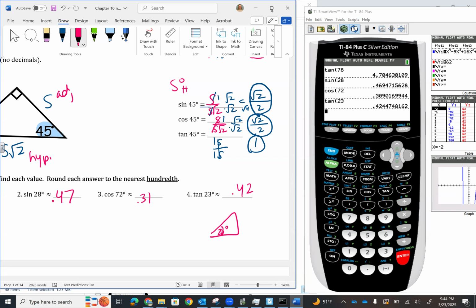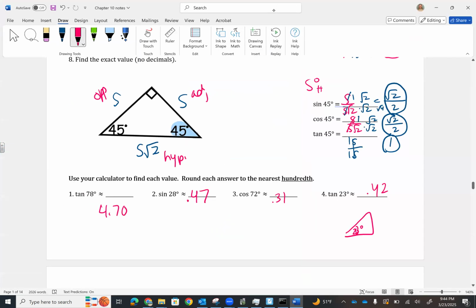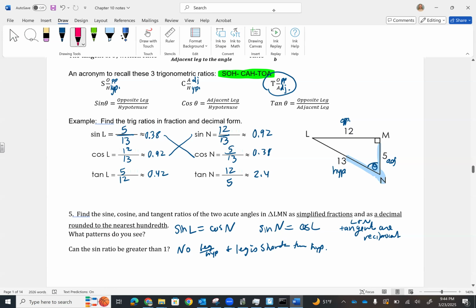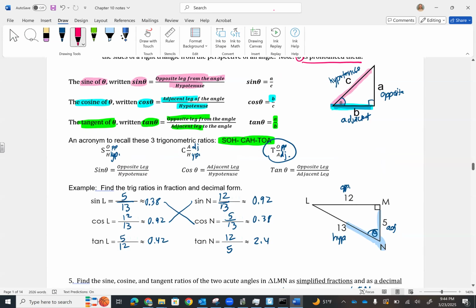And so I think there's 3 different things that we learned today. One is SOHCAHTOA. The second thing is you got to start by standing at a certain angle and saying, okay, based on that angle, do I know what to name the sides? Which one's the hypotenuse? Based on that angle, who's the opposite, who's adjacent? And then can you answer SOHCAHTOA based on whatever angle you're standing at and based on the numerical lengths of those sides?